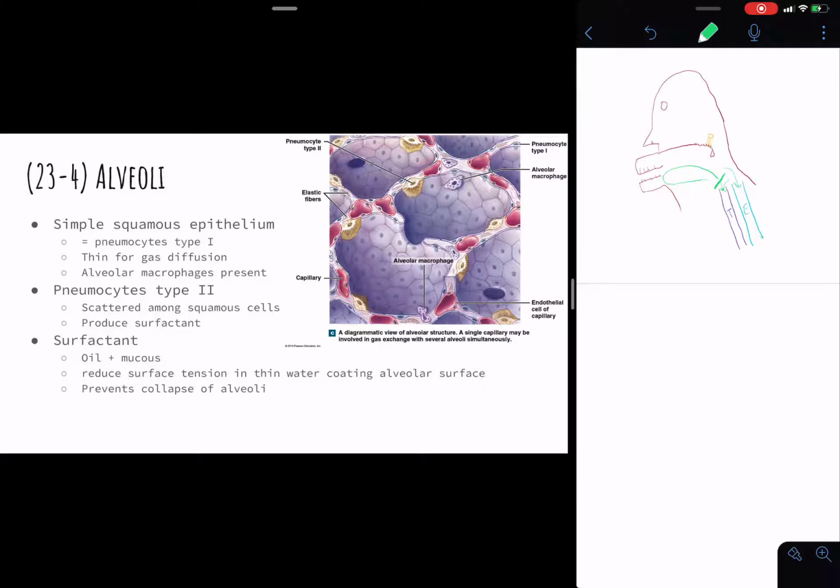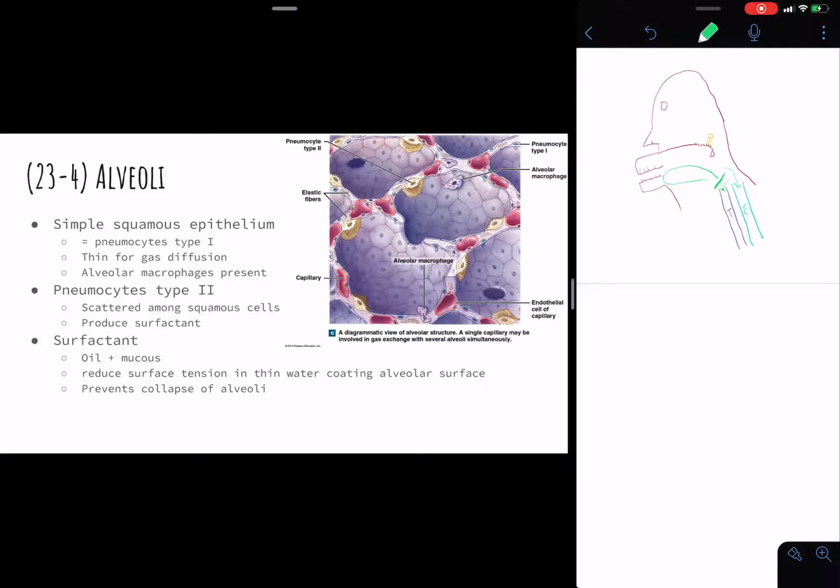Same thing with a rubber band. No one can do anything with a really loose rubber band, and no one can do anything with a really tight rubber band either. You kind of have to have this right size for the right shape of whatever it is that you're trying to hold together. So that's essentially what surfactant is doing for us. Surfactant is that rubber band. It's going to help open the alveoli, but not open them so much that they burst or tear.